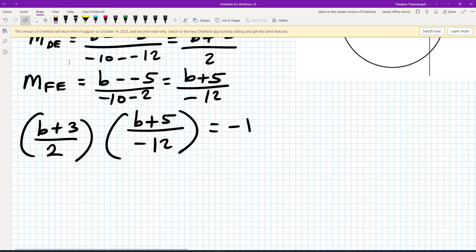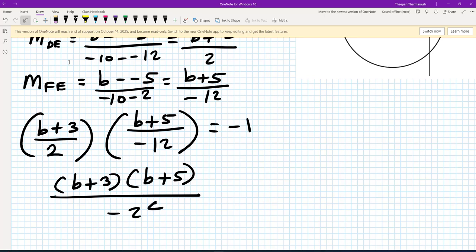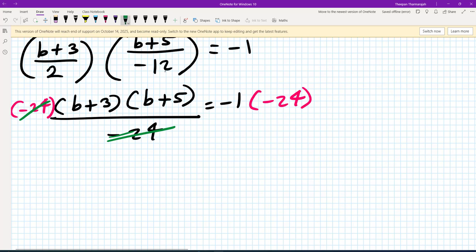So we essentially get (b plus 3) times (b plus 5) all over -24. That's equal to minus 1. So we're going to multiply both sides by -24, so essentially they cancel out. So we end up with (b plus 3) times (b plus 5) equals 24.